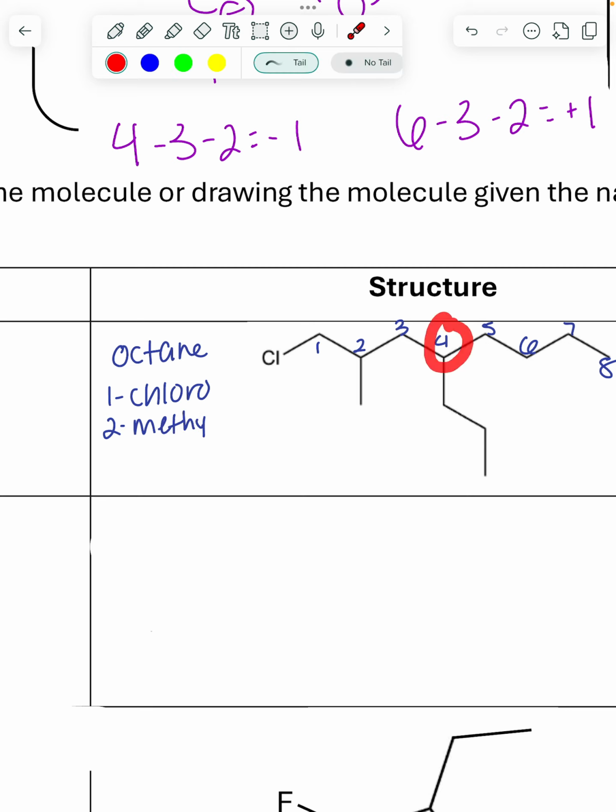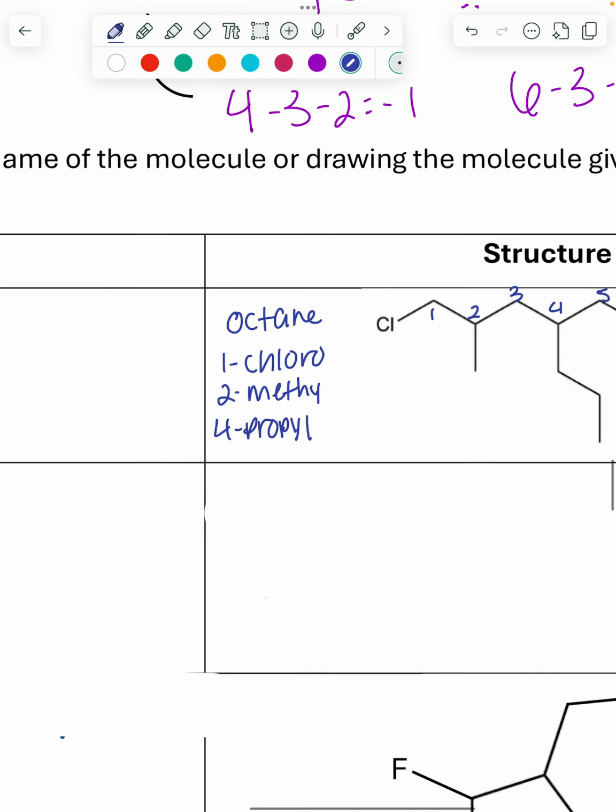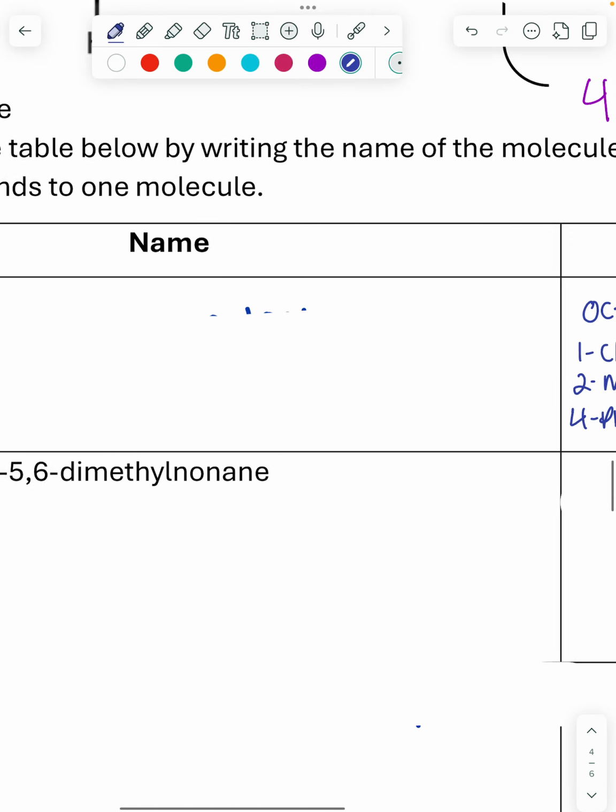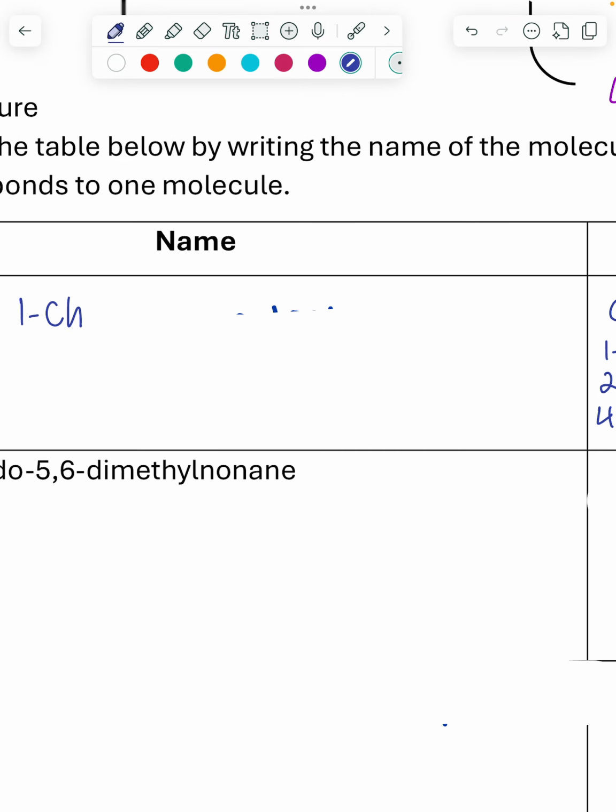It's a propyl on carbon 4. And now if we're doing it in alphabetical order, 1-chloro, 2-methyl, 4-propyl octane.